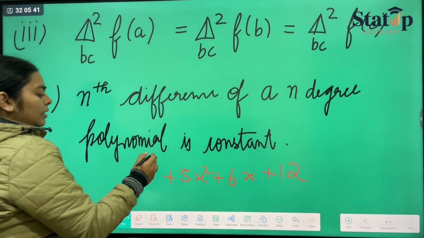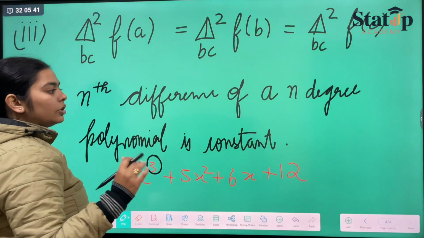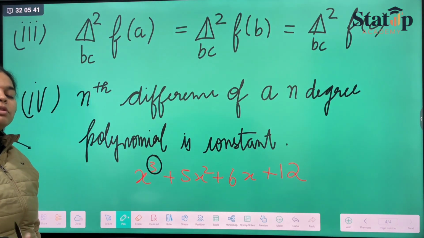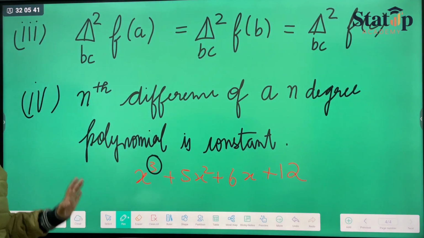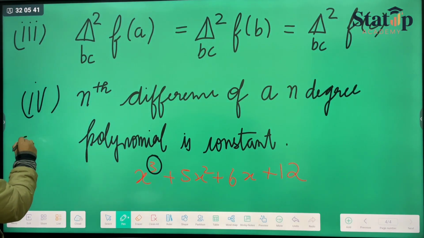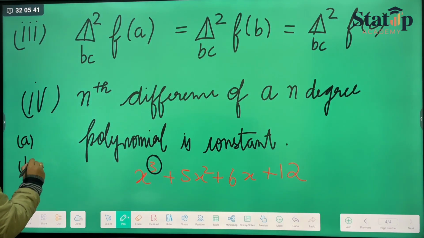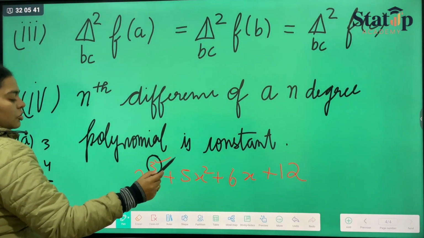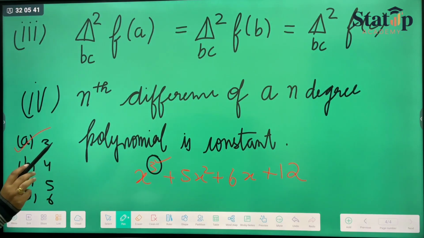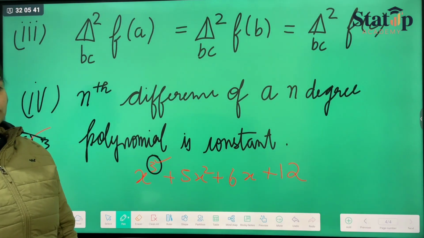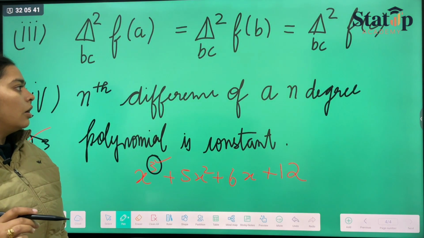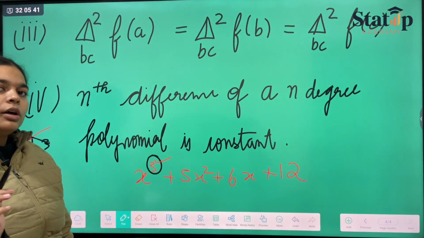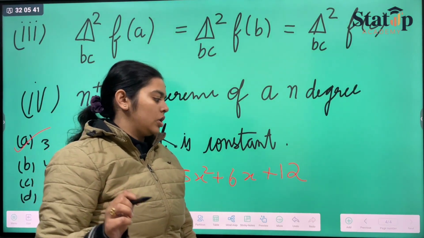So we see the highest degree is 3, so the third difference of this polynomial will be constant. They'll be giving you options A, B, C and D: 3, 4, 5, 6, and you have to choose one. So you will see the highest degree, which is 3, and your option A would be correct: the third difference of a third degree polynomial would be constant.